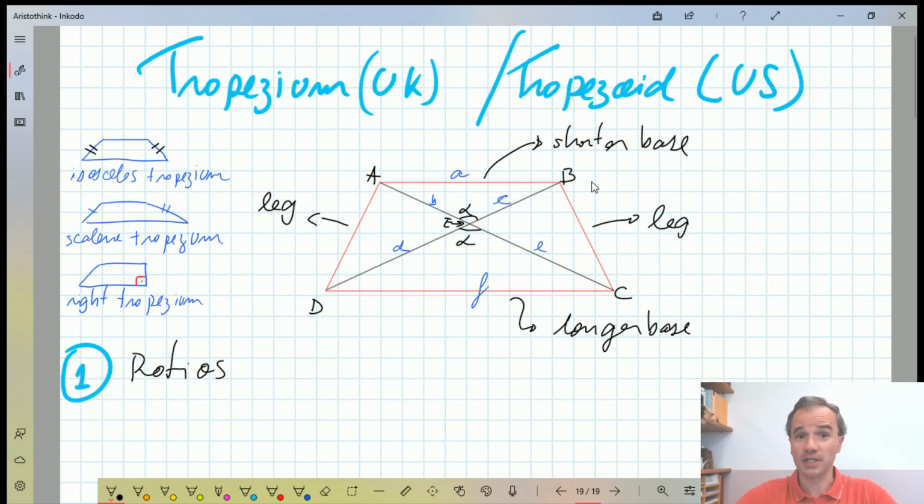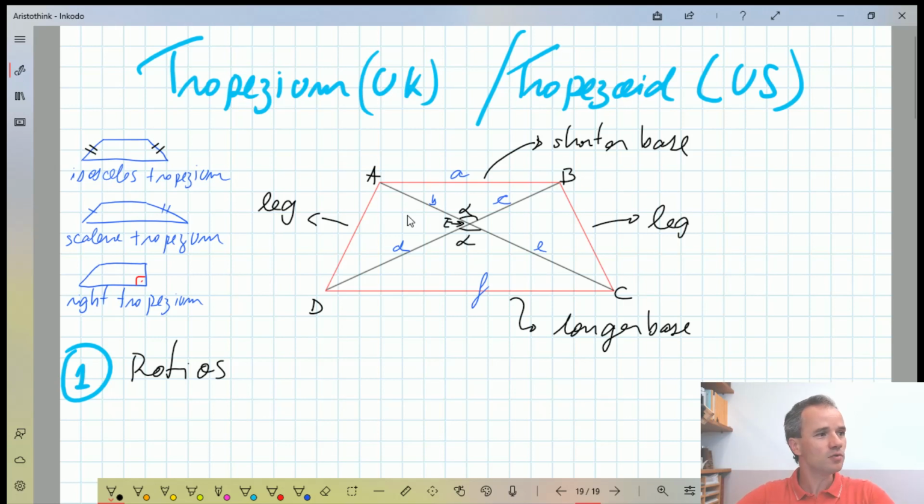This is alpha because they are vertical angles, so they are the same. This is a capital because it's a point, and this must be a small letter because it's a line, a segment. That's how we define things. So this is our trapezium.